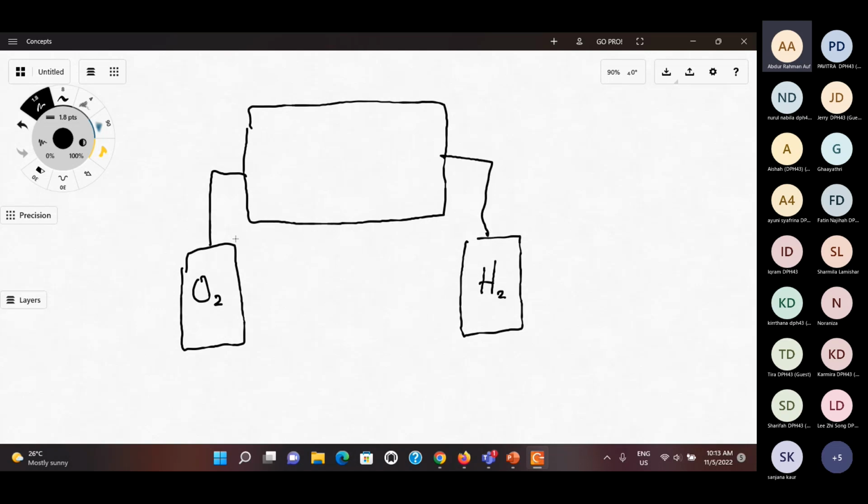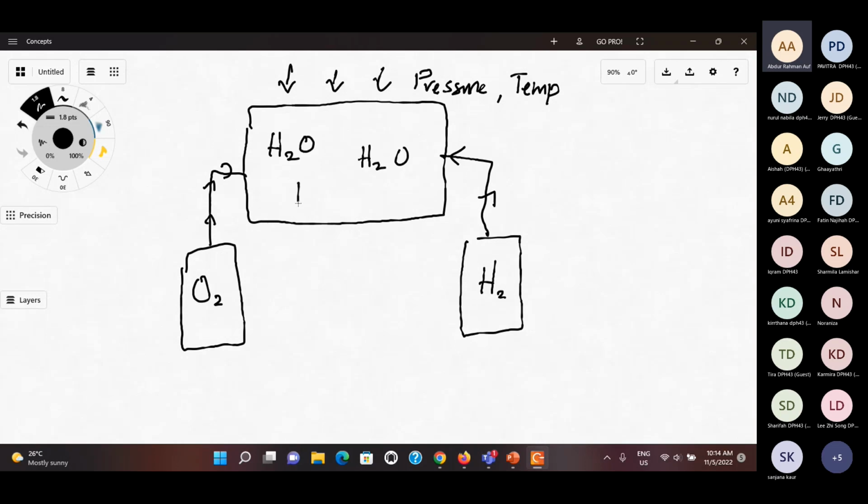And kita boleh salurkan. You can move this oxygen into this big container. So bila kita masukkan and kita apply certain pressure, tekanan yang tertentu, dan juga certain temperature, the oxygen and hydrogen that goes into the same container akan hasilkan H2O molecules. H2O. Why do they form these H2O molecules?